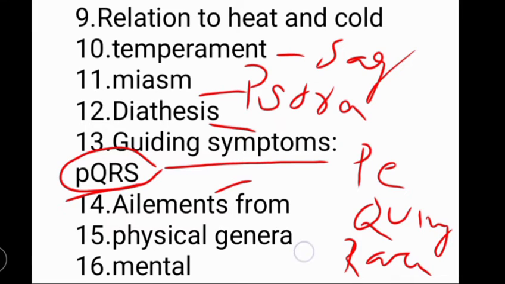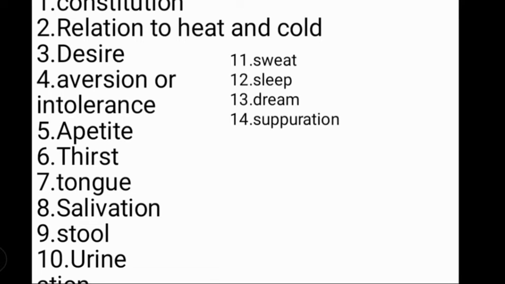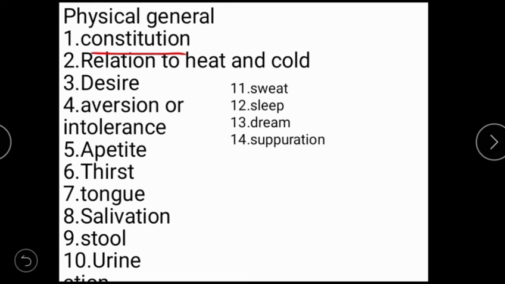In physical general we study 14 things. What are the 14 things? That is constitution. In the physical general we ask the constitution, is it fatty or lean and thin. Relation to heat and cold means a person we call a hot person is aggravated by hot climate.